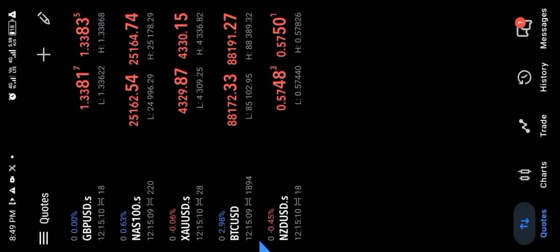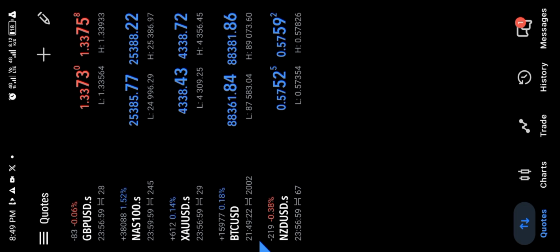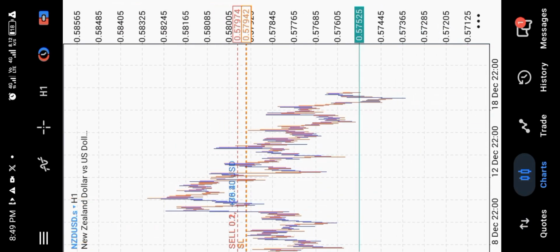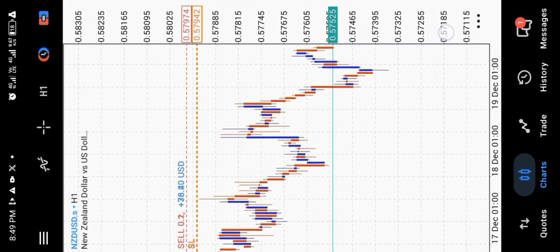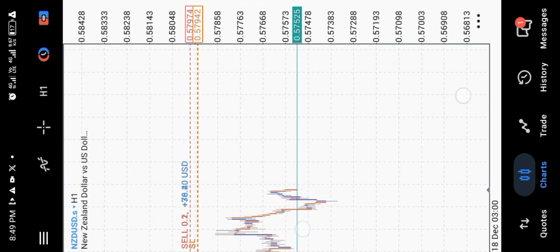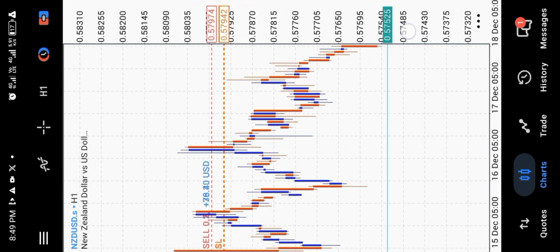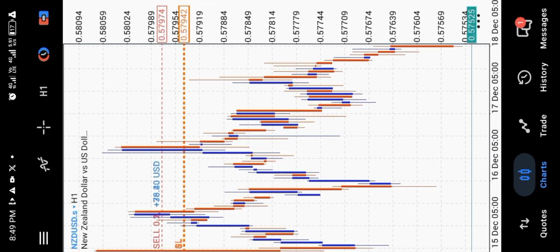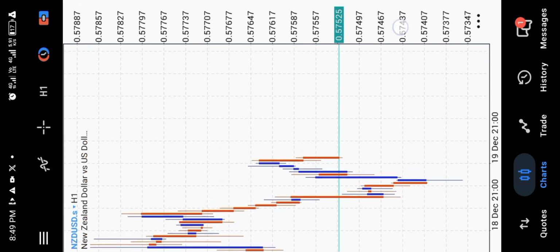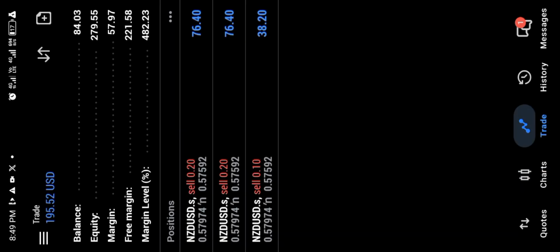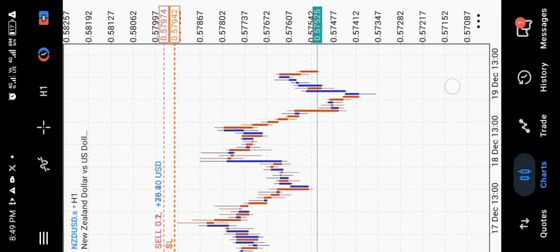So let me show you the trade on the account. So as you can see, currently this is the trade on the account, and you can see we are still running. So I've shifted my stop loss to break even. So as you can see, we are still running in profit, right?